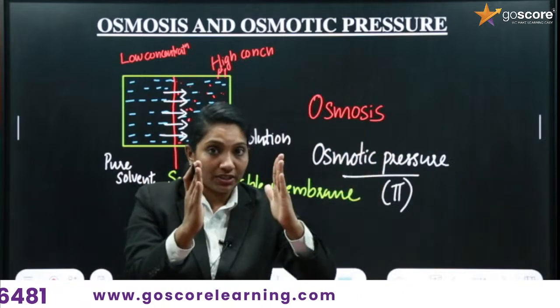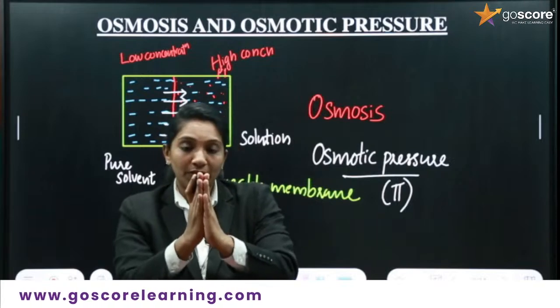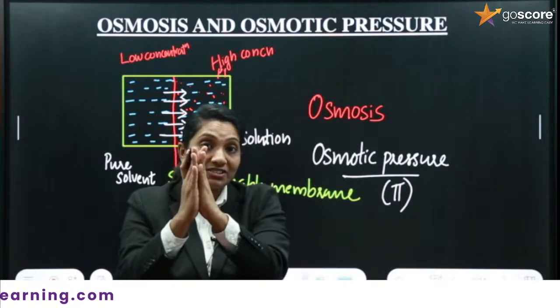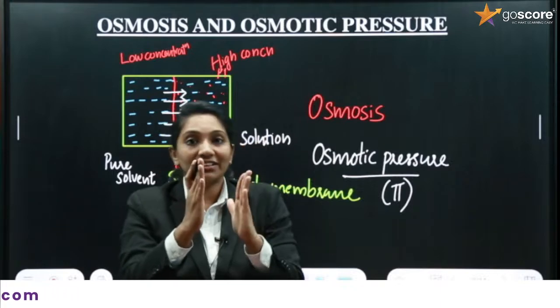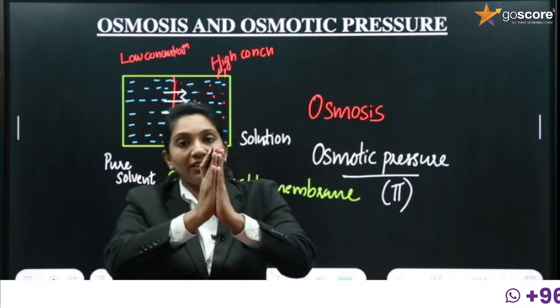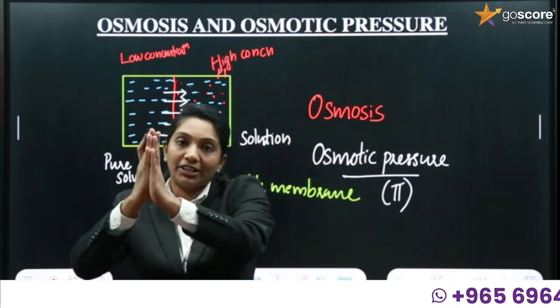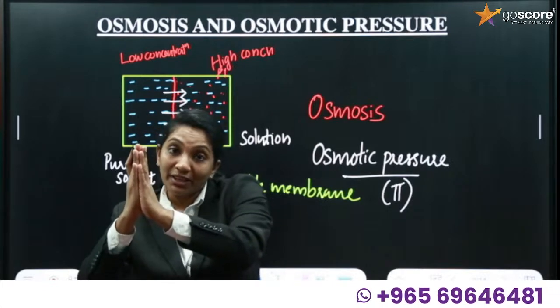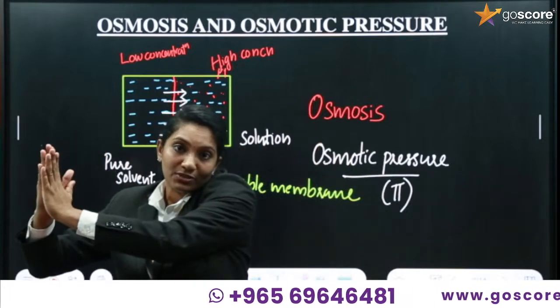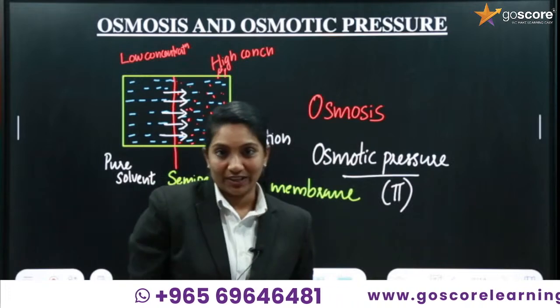I have applied an external pressure just to stop the osmosis process, right? If this applied external pressure is greater than the osmotic pressure, if this is strong enough, what will happen? It will pull like this, right? That means this is stronger than the osmotic pressure. The reverse osmosis process will occur, right?